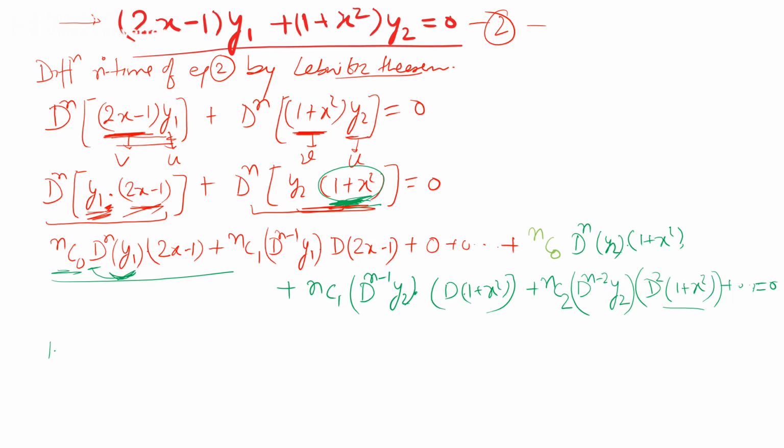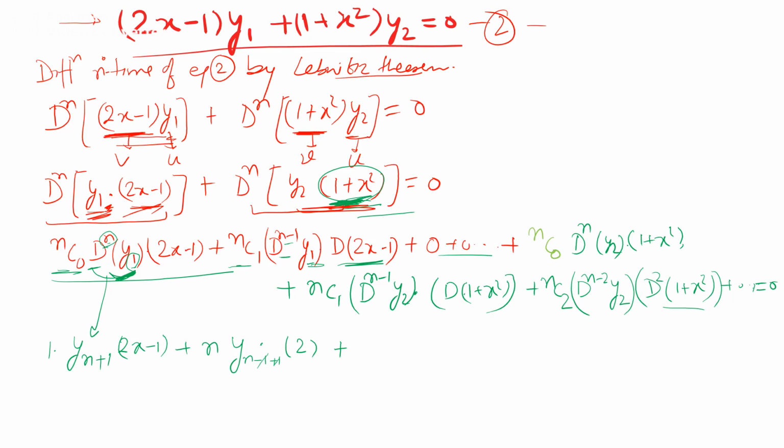The nth derivative of y1, you just add that into the suffix of y1, so you write y(n plus 1), into (2x minus 1), plus, now nC1 is n, into the (n minus 1)th derivative of y1, which in the suffix is y(n minus 1 plus 1), so we get only yn, and the first derivative of 2x minus 1 is 2. All remaining terms are 0.